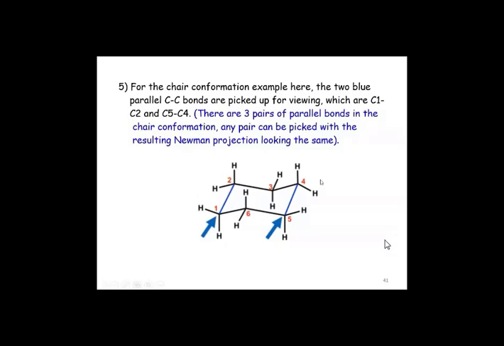Here for the chair conformation, the 2 blue parallel carbon-carbon bonds picked for viewing the structure of cyclohexane are C1, C2 and C4, C5. Here we can see C5, C4, C1, C2.